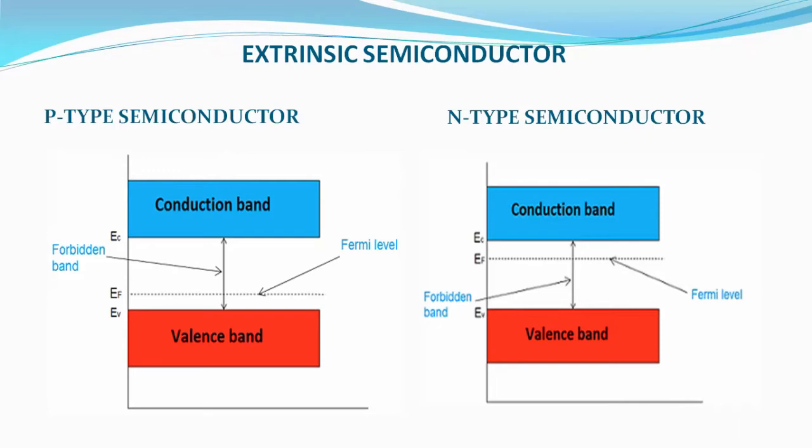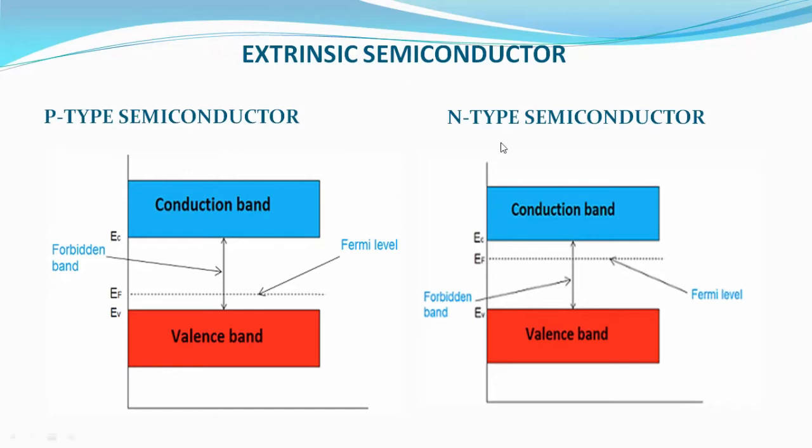So the valence electrons of silicon will form covalent bonds with the 3 valence electrons of aluminium, and another extra valence electron of silicon will find an absence of electron from this aluminium dopant, and this absence of a valence electron is called a hole.